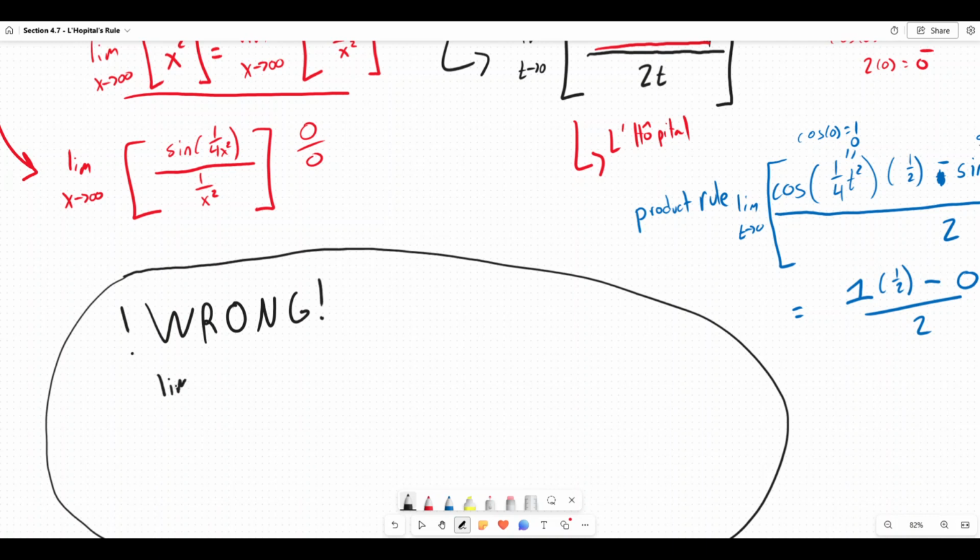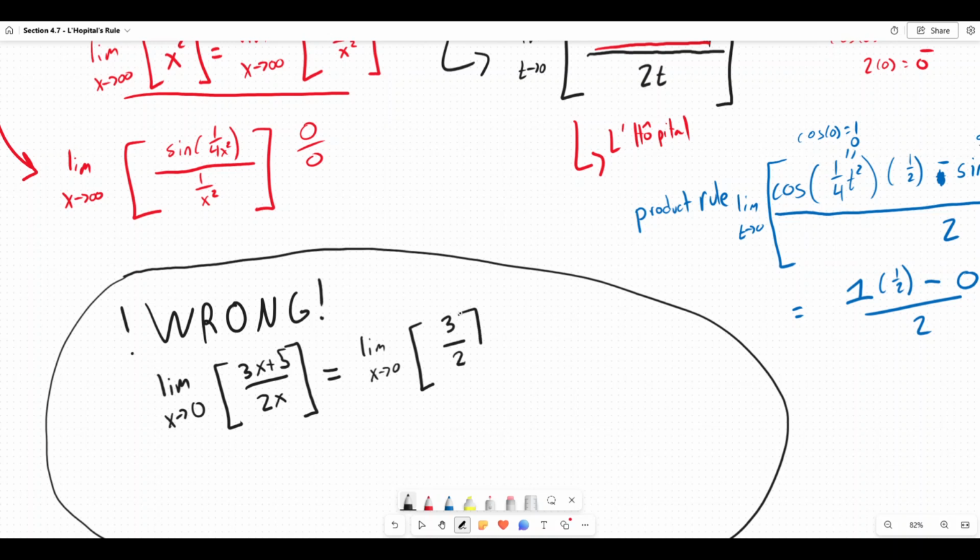If we take a look at the limit as x approaches 0 of 3x plus 5 over 2x, if you take a derivative of these, the limit as x approaches 0 of 3 over 2 is 3 over 2.